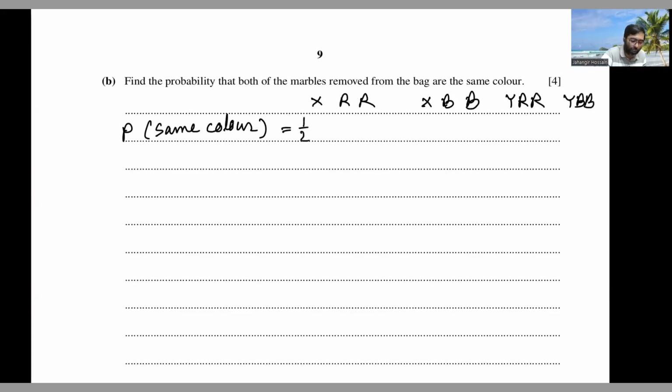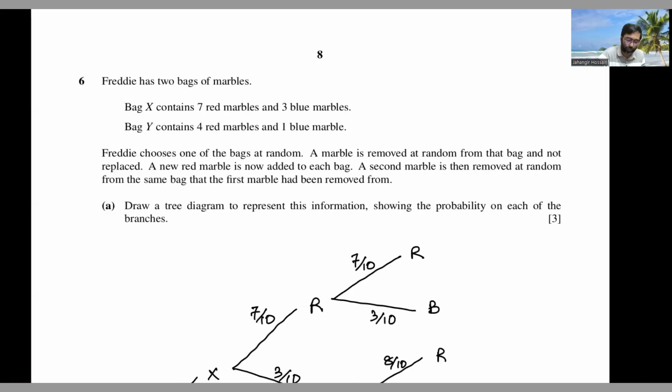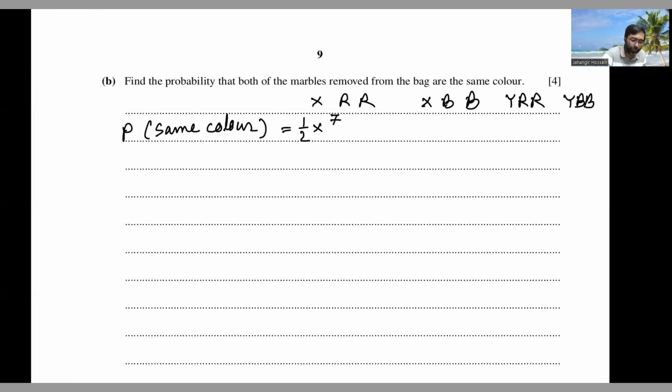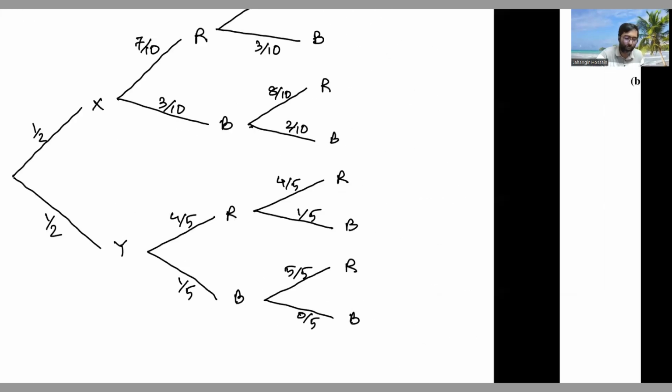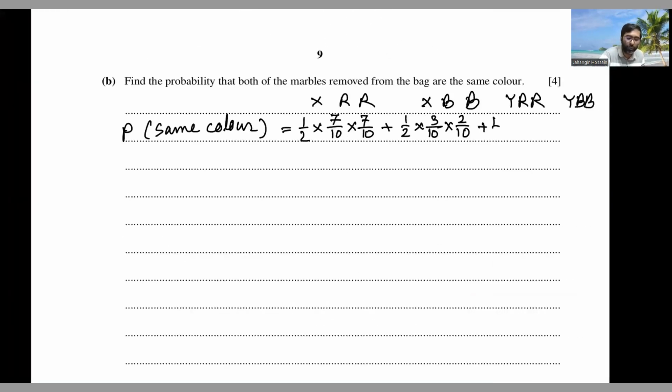So this is half times 10 by 10 times 10 by 10, then half times 8 by 10 times 2 by 10, then half times 4 by 5 times 4 by 5, plus half times 1 by 5 into 0 by 5.